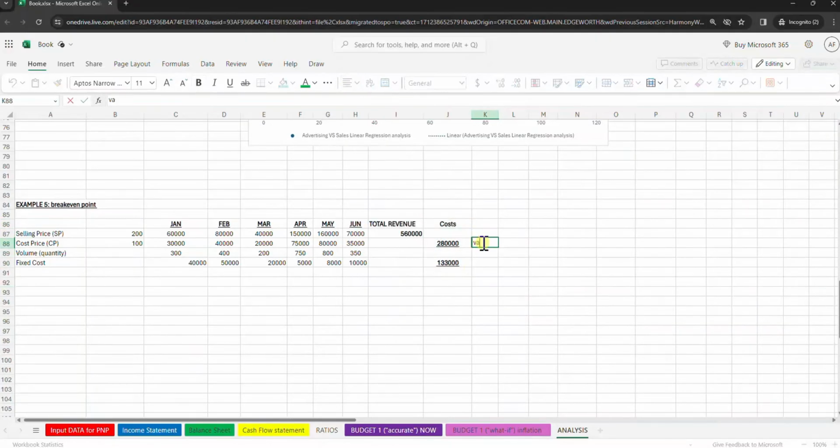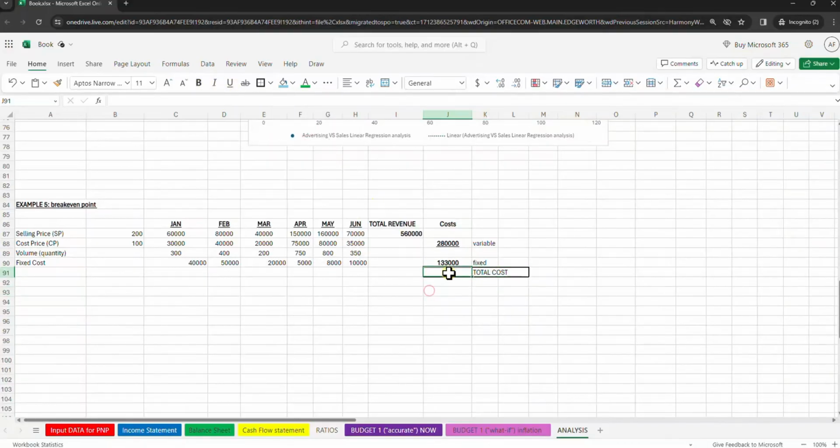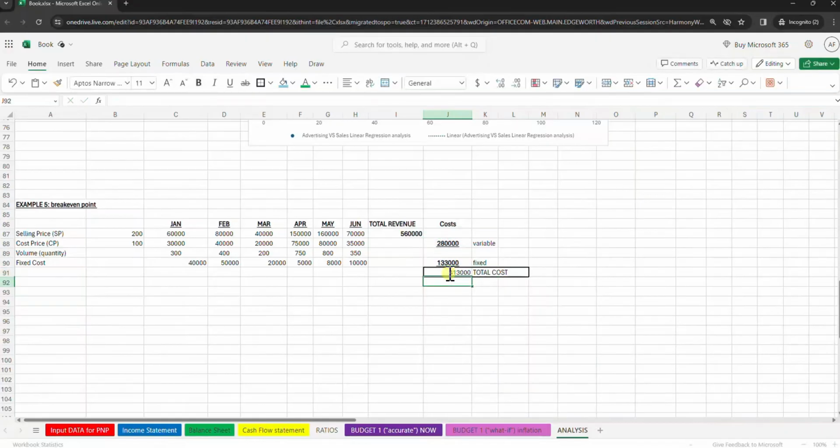This would be variable based on production. That would be fixed. And then you would have the total here. All right, and then this total cost would represent all the costs that the business has.